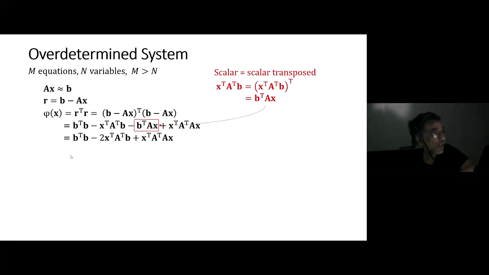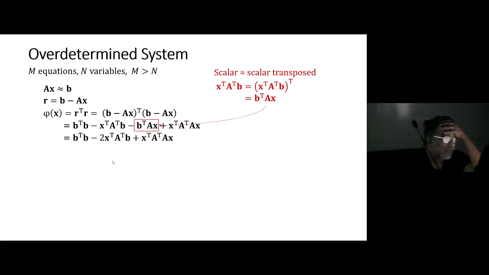So what's the derivative of this? B transpose B, let me differentiate this with respect to X. What's the derivative of this? 0, because B is a constant, it's given, right? It's not a function of X. Note that A transpose B is a vector.